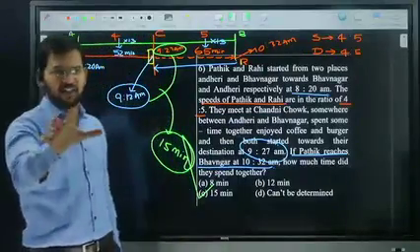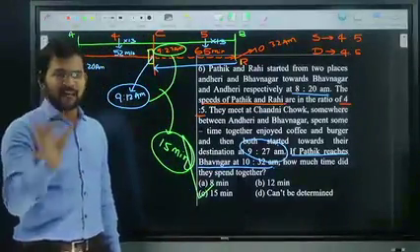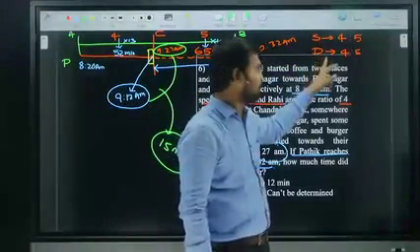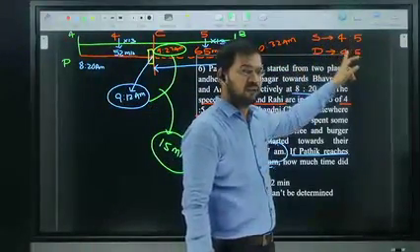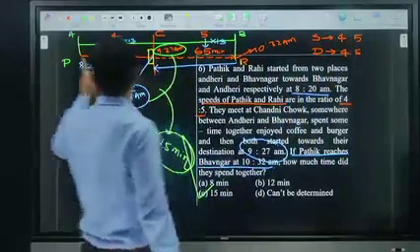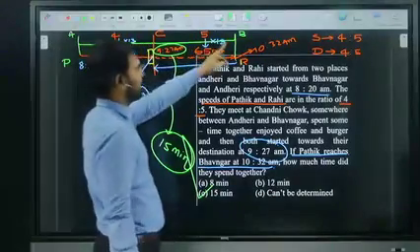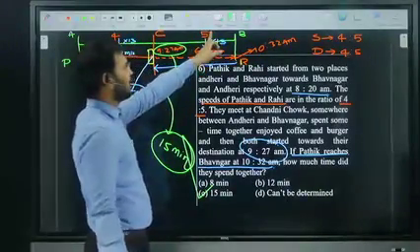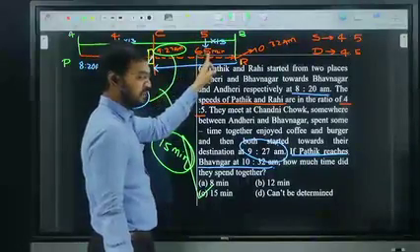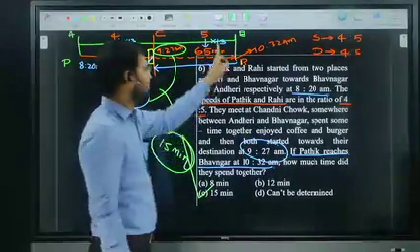All of you okay? Here the keyword is time constant. Whenever time is constant, speed and distance are directly proportional to each other. Speeds are in the ratio 4:5, therefore distances are in the ratio 4:5. So from Andheri to Chandni Chowk, 4 parts of distance, and Chandni Chowk to Bhavanagar, 5 parts. In order to cover 5 parts, it will take 65 minutes, so 1 part is 13.